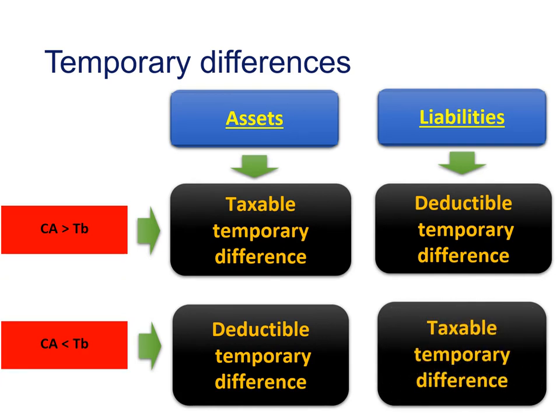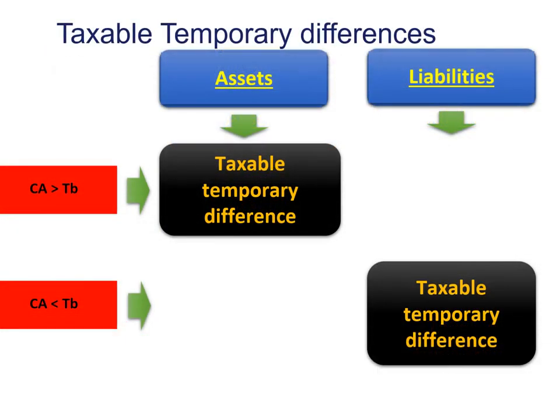You'll see that instances where the carrying amount is more than the tax base can give rise to a taxable temporary difference in the case of an asset, or a deductible temporary difference in the case of liabilities, and the opposite of that at the bottom. So, a taxable temporary difference in the case of an asset, where the carrying amount, say PPE, is more than the tax base.